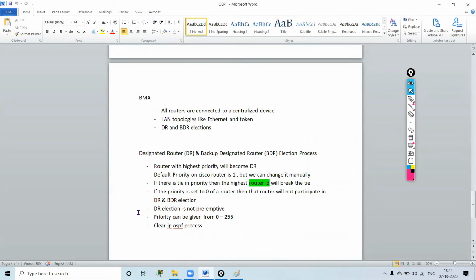And if you want a router to become the DR again when it comes up, then you have to clear the IP OSPF process on the current DR and BDR. Understood? Yes. Okay.